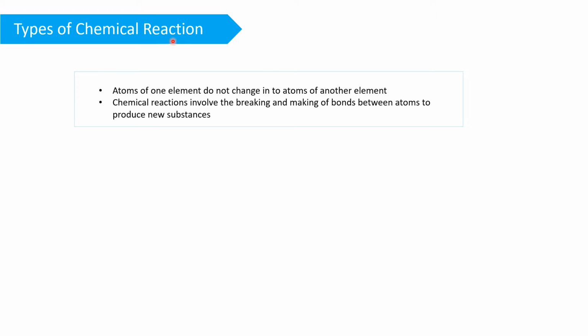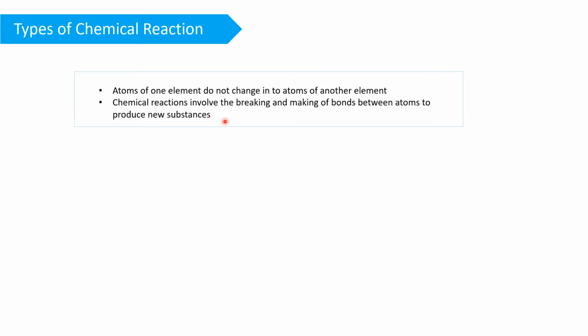Before we go into the types of chemical reaction, you need to keep in mind that during a chemical reaction, atoms of one element will not change into atoms of another element. Only rearrangement of atoms between the two reactants will take place. Chemical reactions involve only breaking and making of bonds between atoms so that they produce new substances.